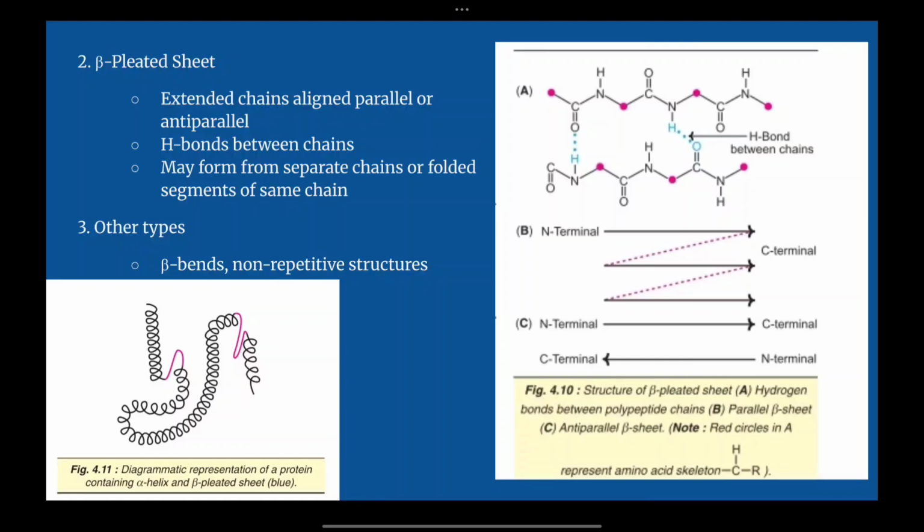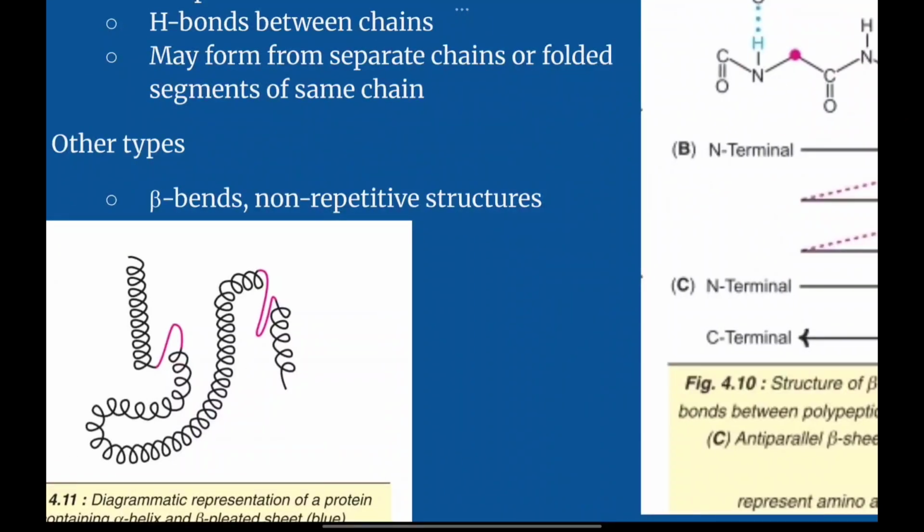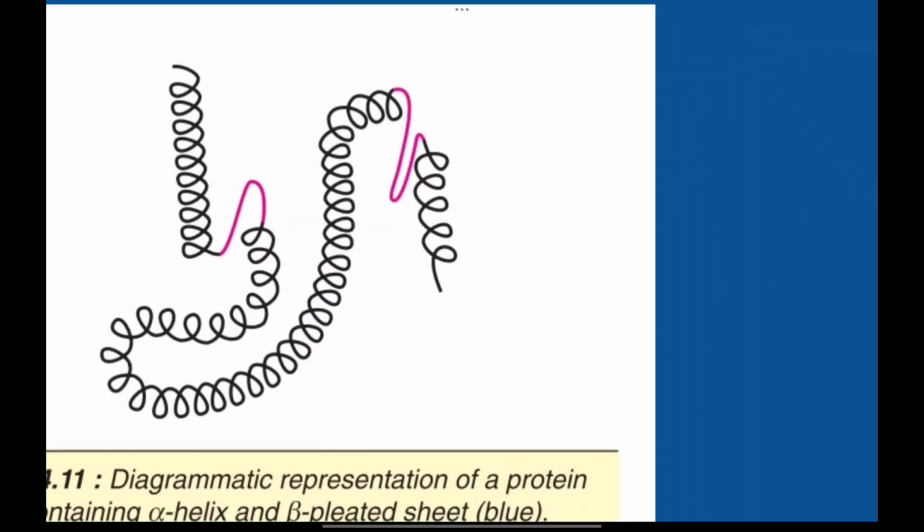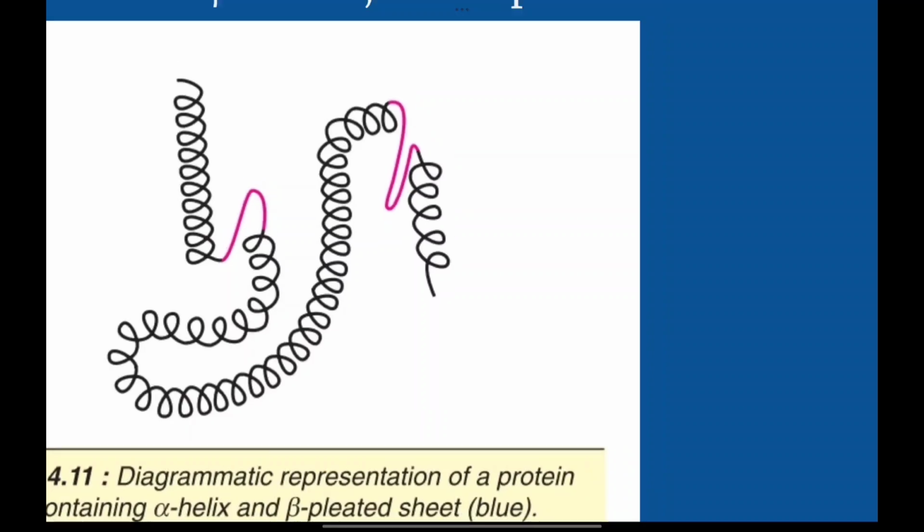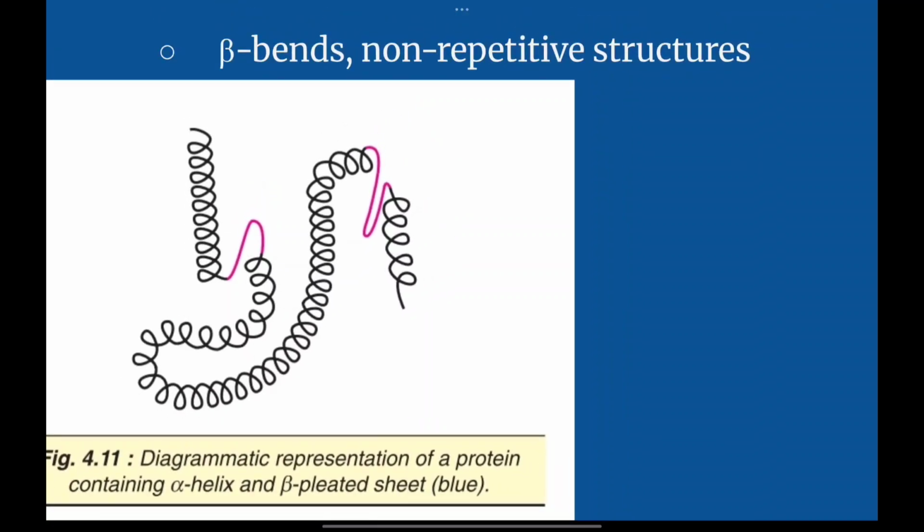The diagrammatic representation of both alpha helix and beta pleated sheets can be seen here. The spiral you see is an alpha helix structure. The pink thing you see is a beta pleated sheet.